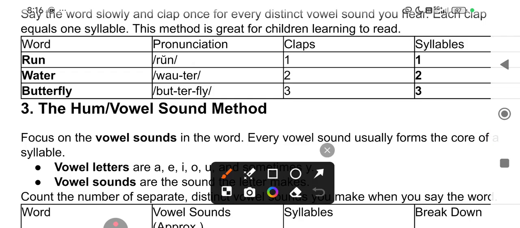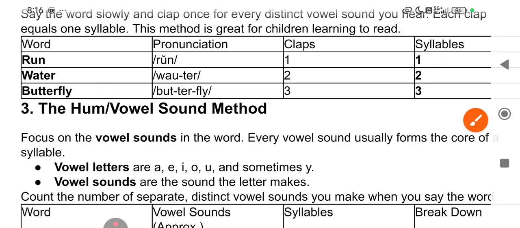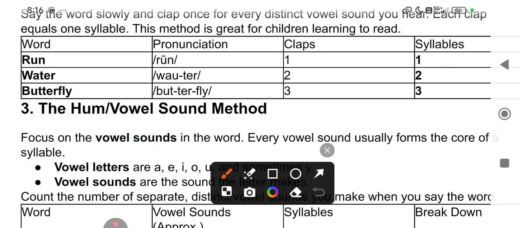For example, run. So that's one clap. Run is a monosyllabic word. Then another example, water. So that's a two syllabic word, one and two.